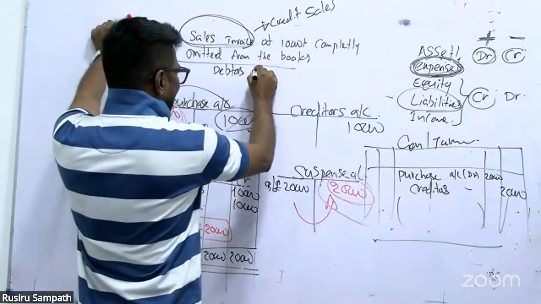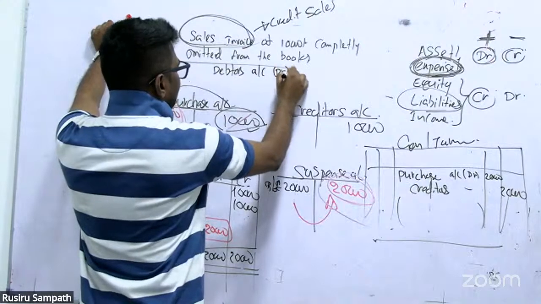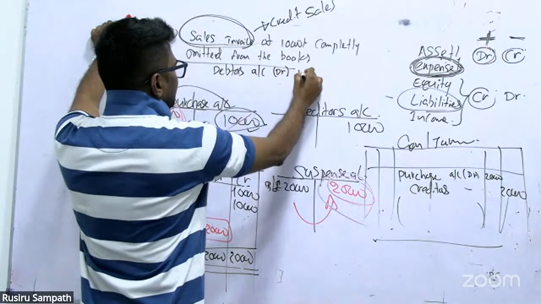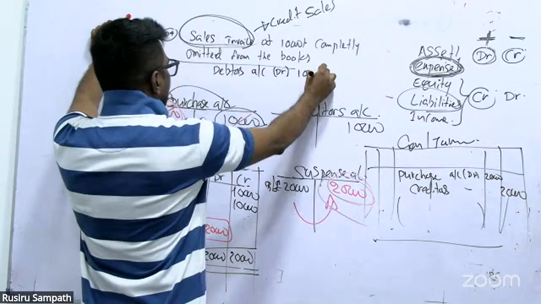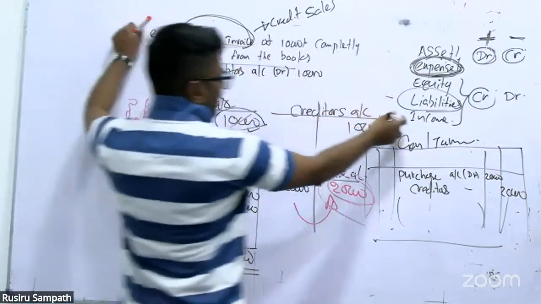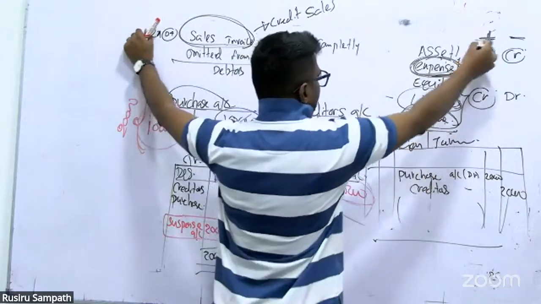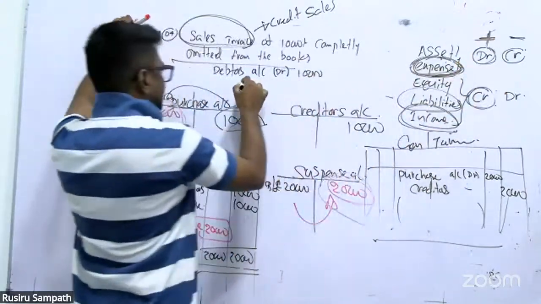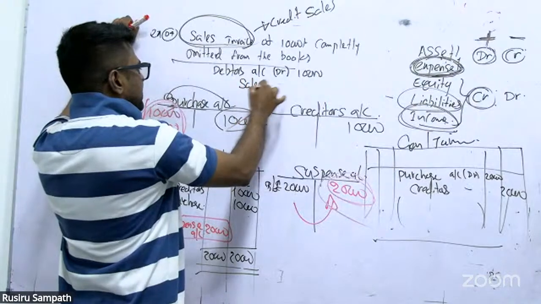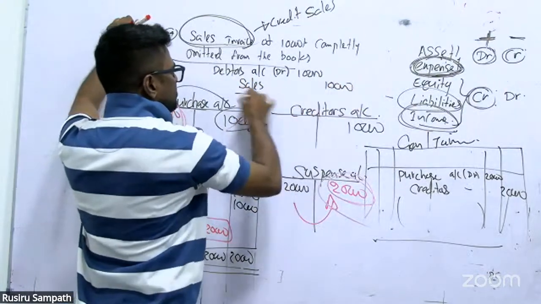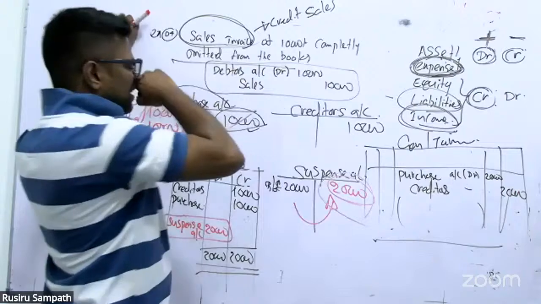Debtors account debit 10,000, and sales are income. Income increase is credit, so credit sales 10,000.